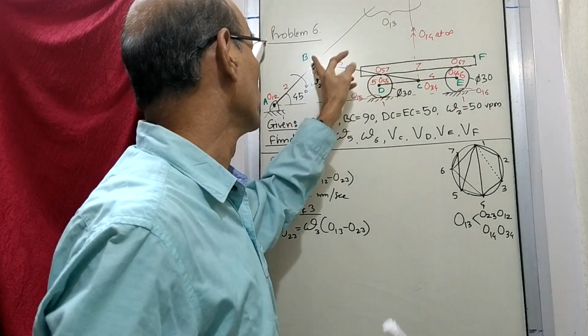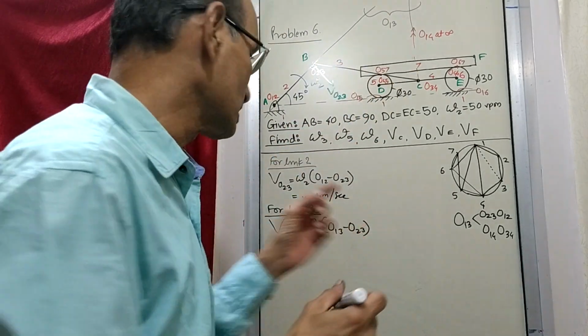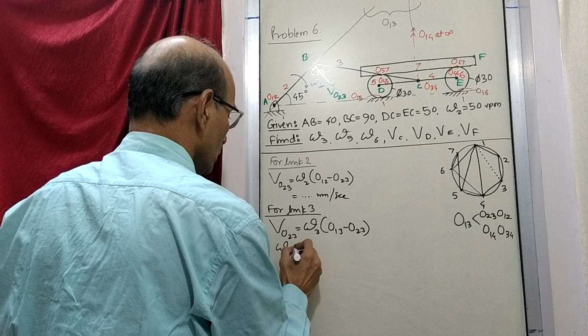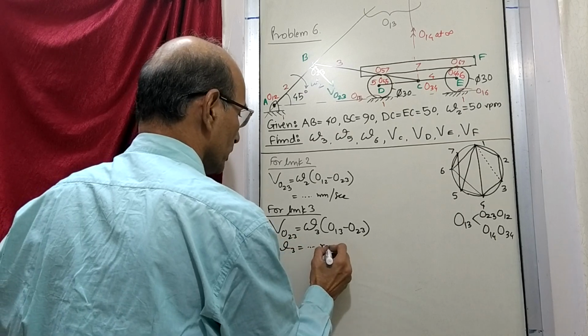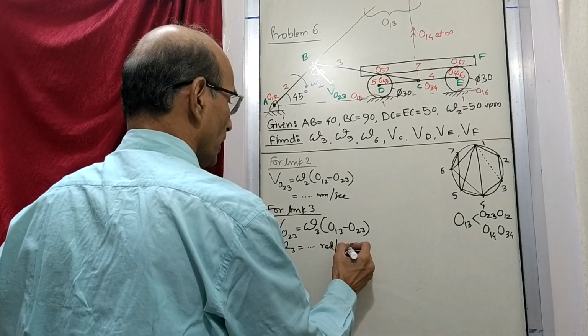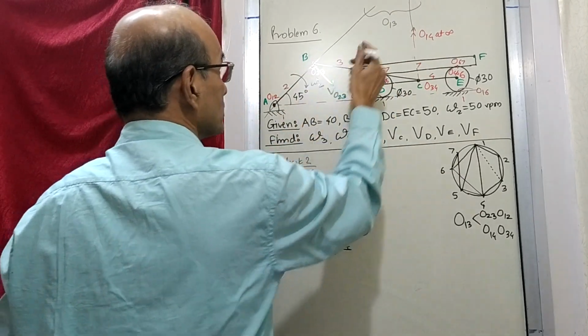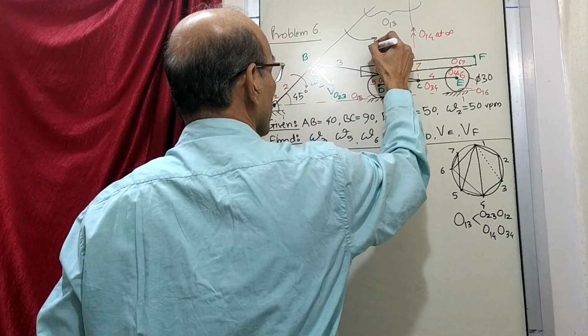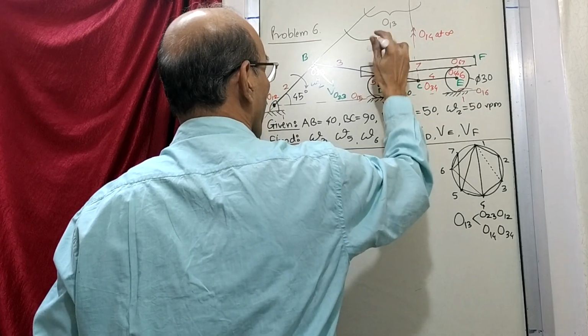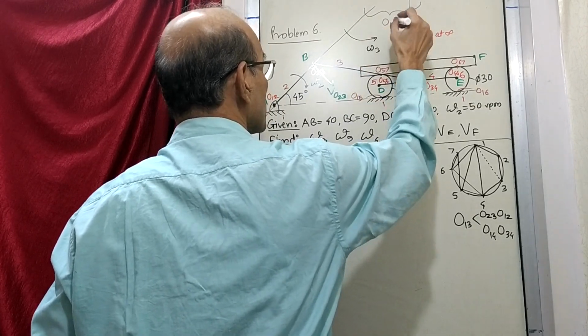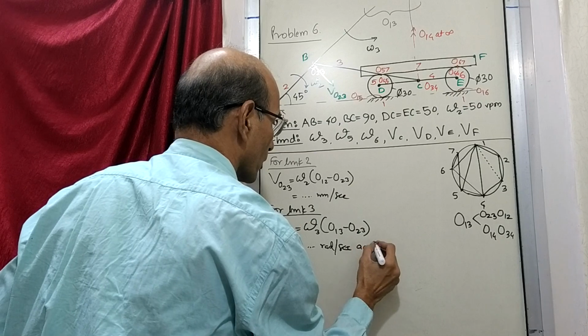So from that O13 to this point, you can measure the distance, and after that you can find out the angular velocity of 3 in radians per second. And you will also see that because one point is going like this, you will find omega 3 this way, which is anti-clockwise.